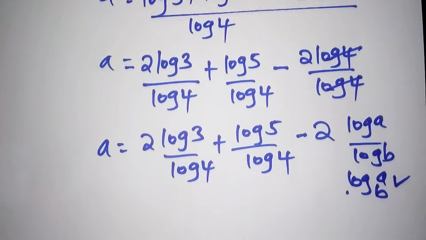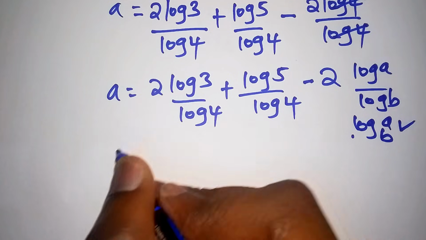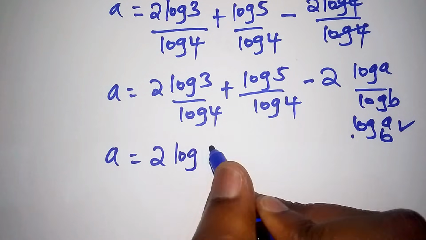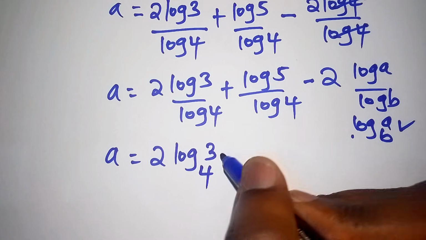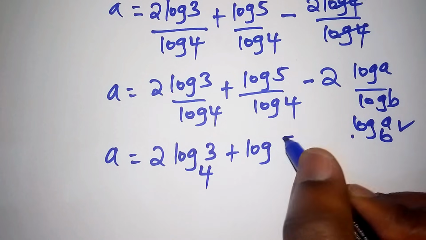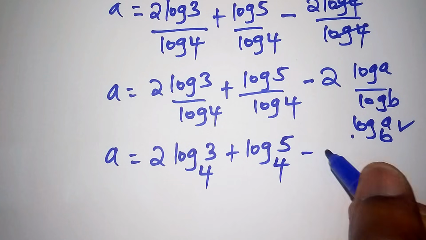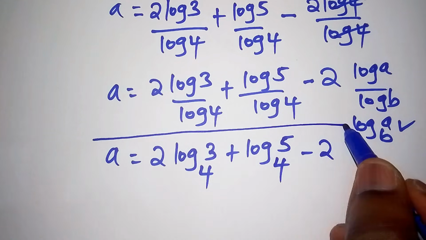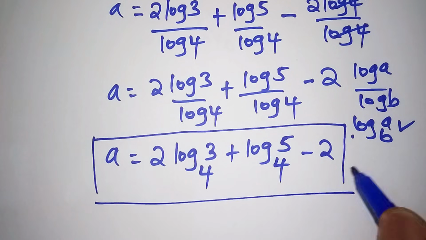So our final answer is the value for a equal to 2 the log of 3 to the base of 4, plus the log of 5 to the base of 4, minus 2. This concludes to be our most correct and accurate answer.